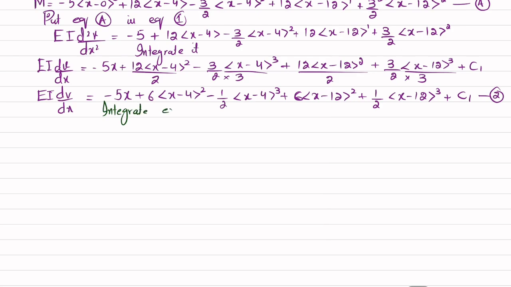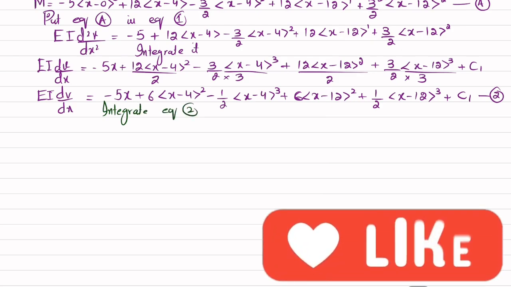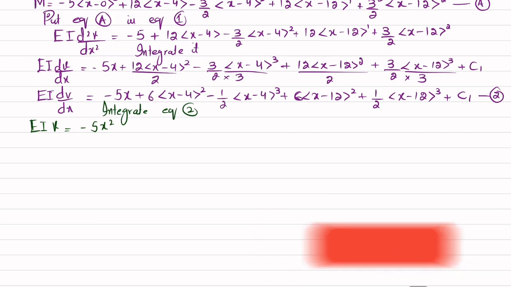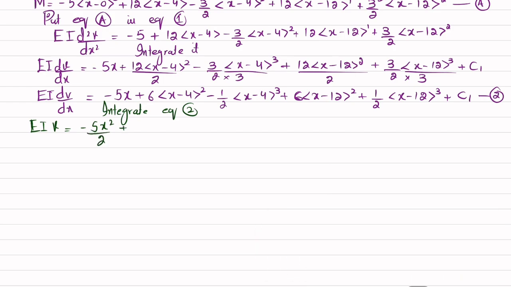equation number 2. So we will get, I will go direct, EI into V is equal to minus 5x square over 2 plus x minus 4 whole cube divided by 3. So 6 divided by 3 is 2, minus x minus 4 power 4 divided by 4, which is 1 over 8, plus x minus 12 whole cube divided by 3.